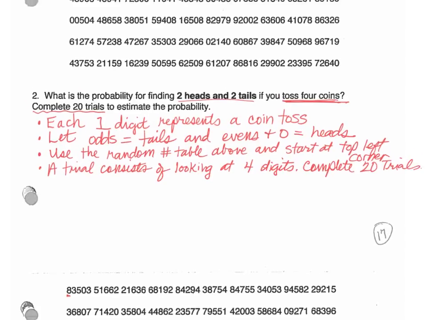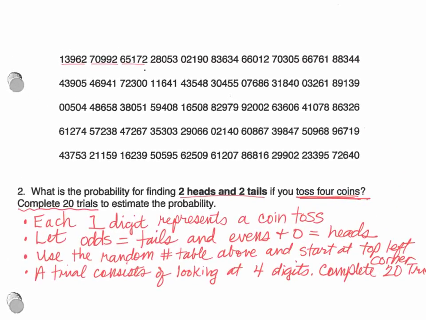Well, let's come on up here and do that. If I go 1, 2, 3, 4, and I draw a line, that right there is the end of one trial. And you're going to do that 20 times. Yep, 1, 2, 3, 4. So go for it. It's actually really not that hard.